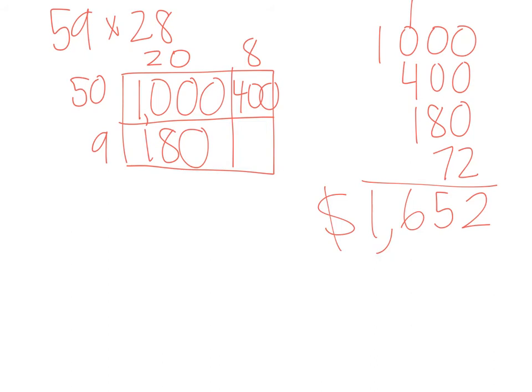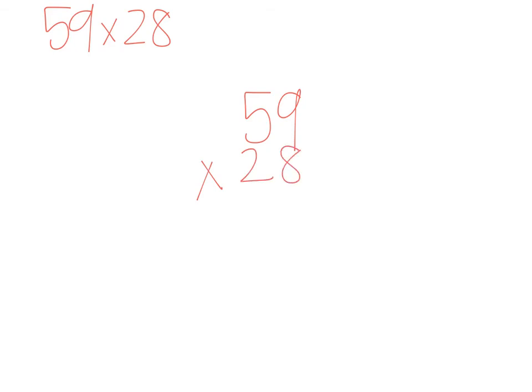Okay, now let's try the quick method that Drake was talking about. So we're still going to do 59 times 28. And we're going to do it vertically. So I'm going to go 59 times 28. Okay, so first I'm going to look in the ones.